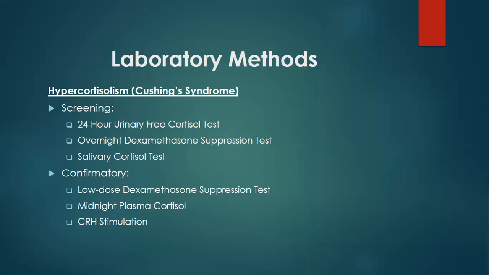Why? Because remember, your cortisol production is low at these times. Okay? So after the patient has taken orally 1 milligram of dexamethasone, blood is collected the following day at 8 to 9 a.m. So why 8 to 9 a.m.? Because this is a particular time of the day where you have increased levels of your cortisol.